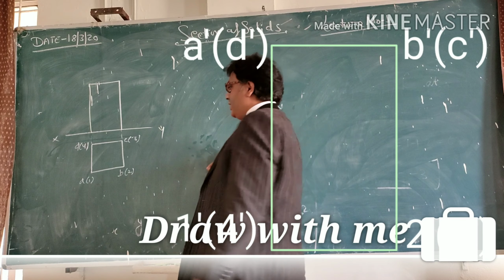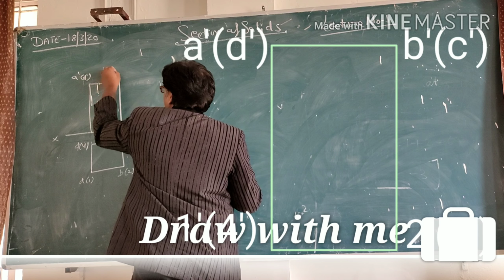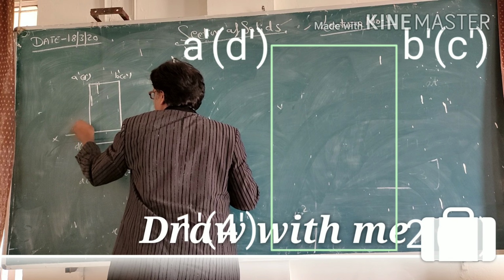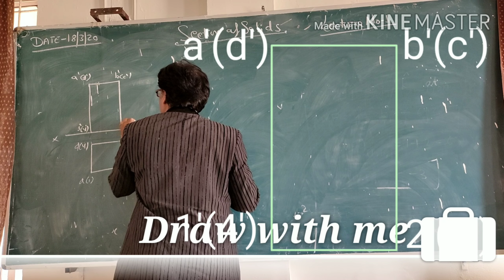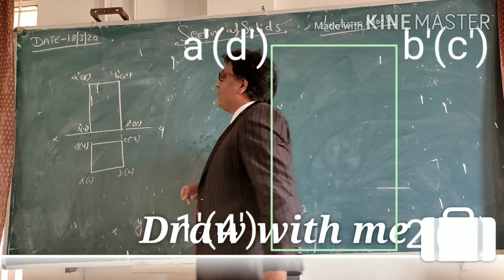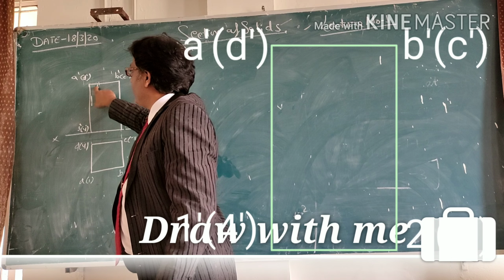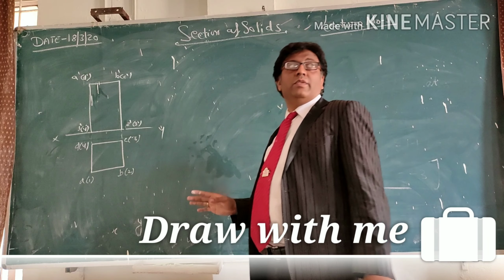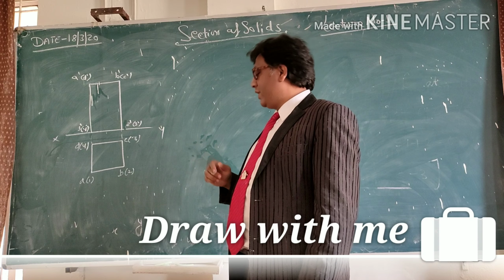Here the naming is A dash bracket D dash, then B dash bracket C dash, this is 1 dash bracket 4 dash, and this is 2 dash bracket 3 dash. These are our namings of the front view. So this is basically our top view and front view.